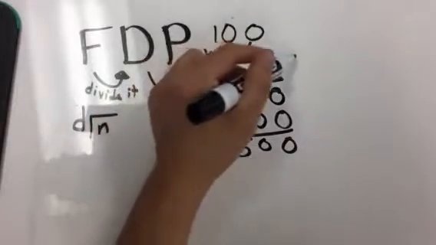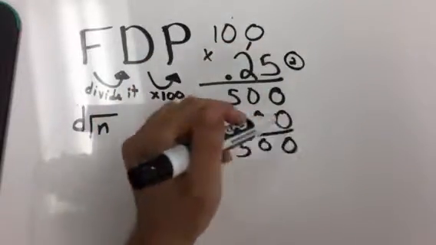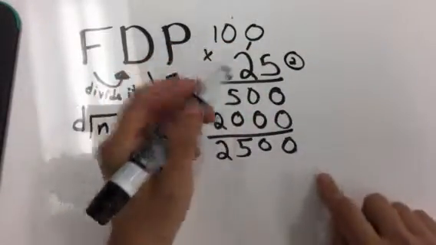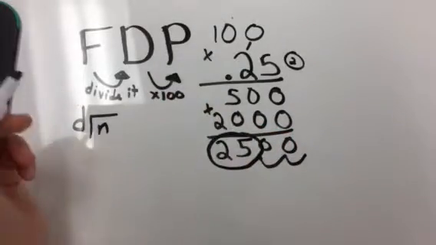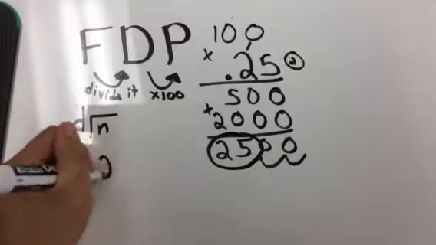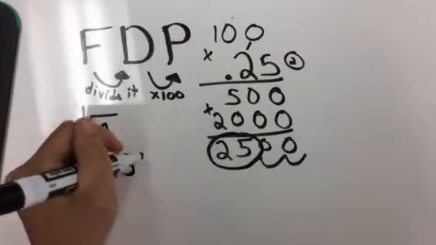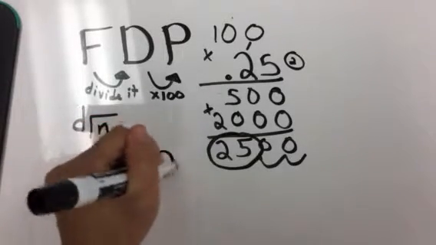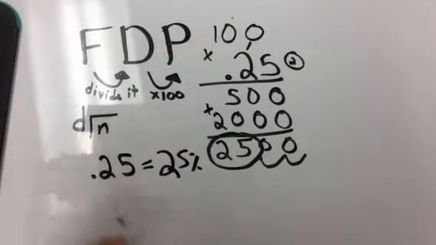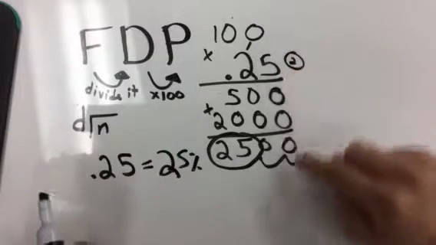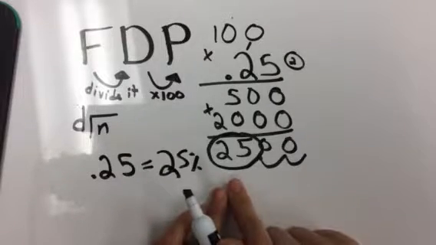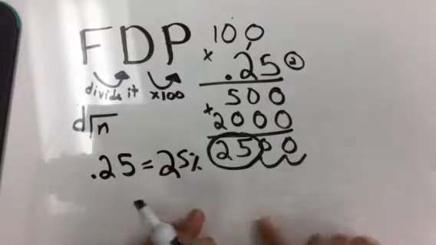Because we have a decimal, we need to move our decimal 2 places from the right. And so my real percent answer will be 25 hundredths is equal to 25%. And so that's how I got from my original decimal, which was up here, to my percent, which was down here, just by multiplying by 100.